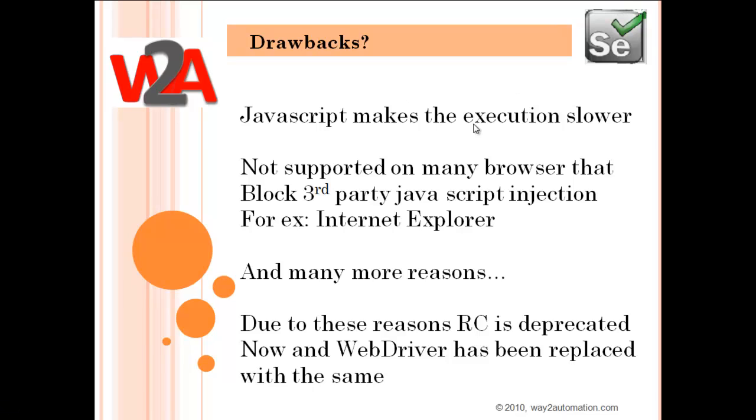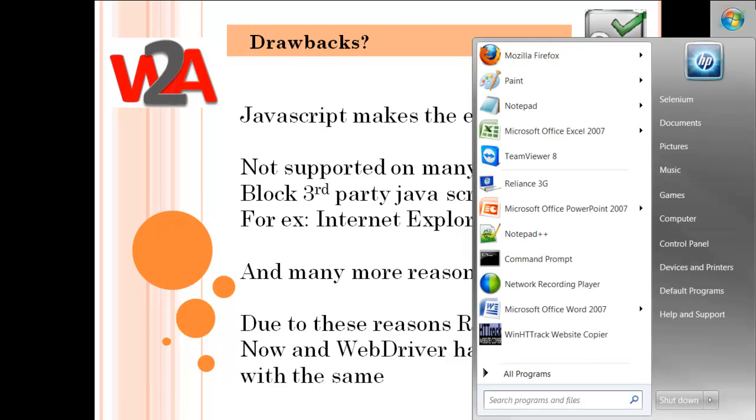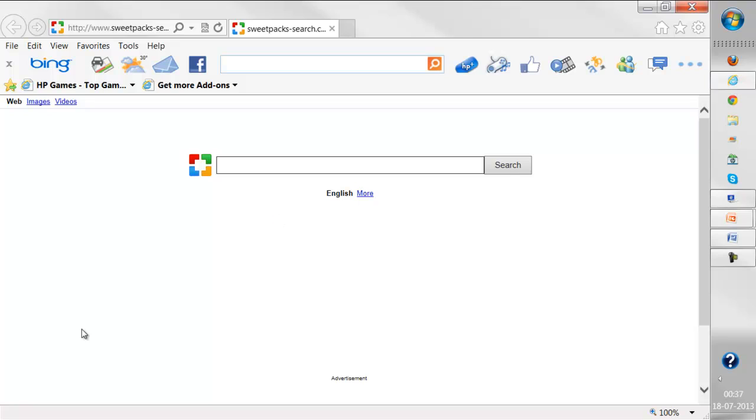For example, IE is a highly secured browser, and sometimes at the left bottom of the IE browser, you see a yellow triangle that is basically a JavaScript alert, because IE does not allow any third-party JavaScript to be injected onto its browser.